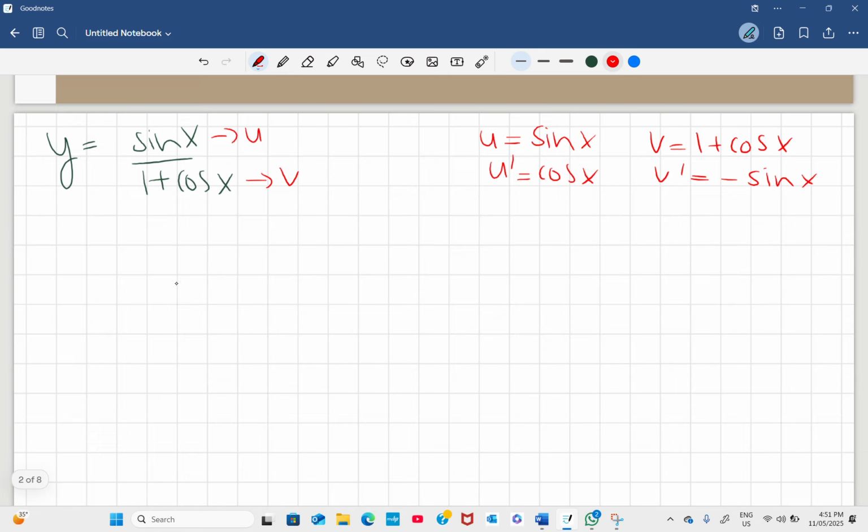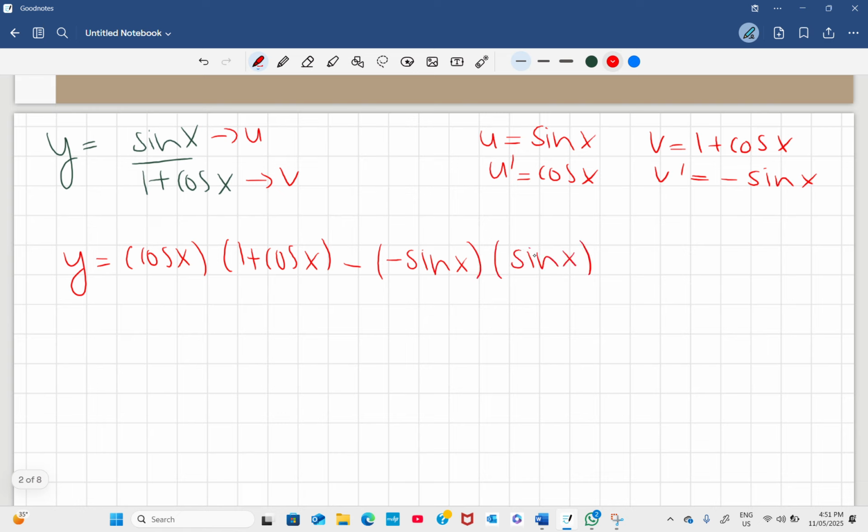Now I'm going to apply the formula. So u prime v, so y is equals to cosine x into 1 plus cosine x minus sine x into sine x. Now I'm gonna add this here, so I don't get confused.